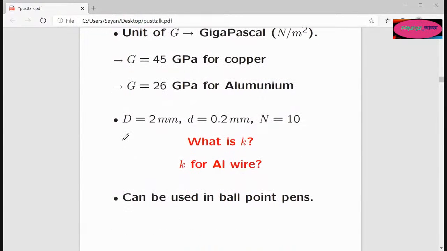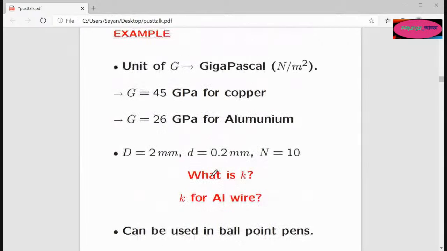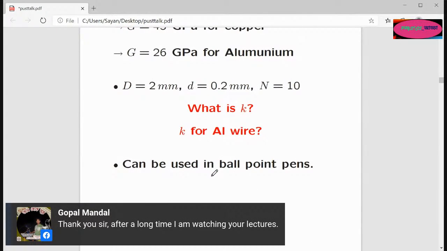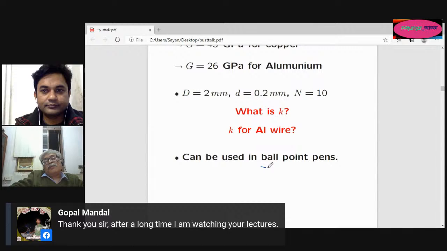And you can do this little exercise. You take capital D to be 2 millimeters, small d to be 0.2 millimeters, and capital N to be 10. And you can find out what is K for such an aluminum wire. And if you do this little calculation, you can see that such are the values for which you can make them useful in ballpoint pens.